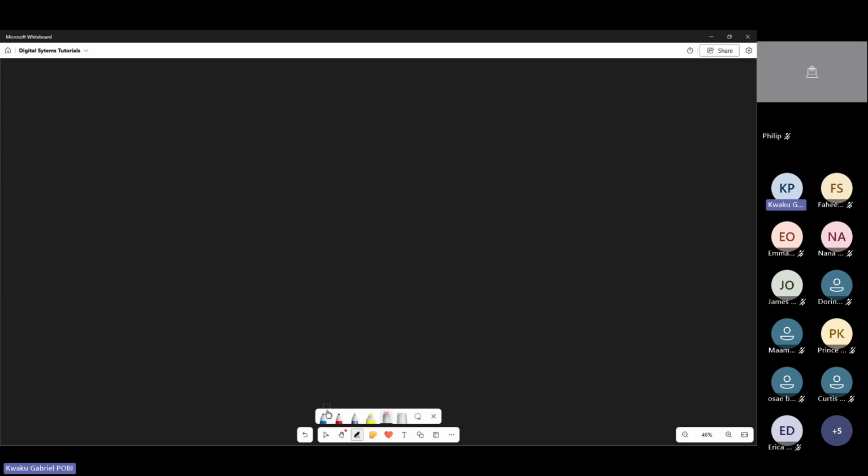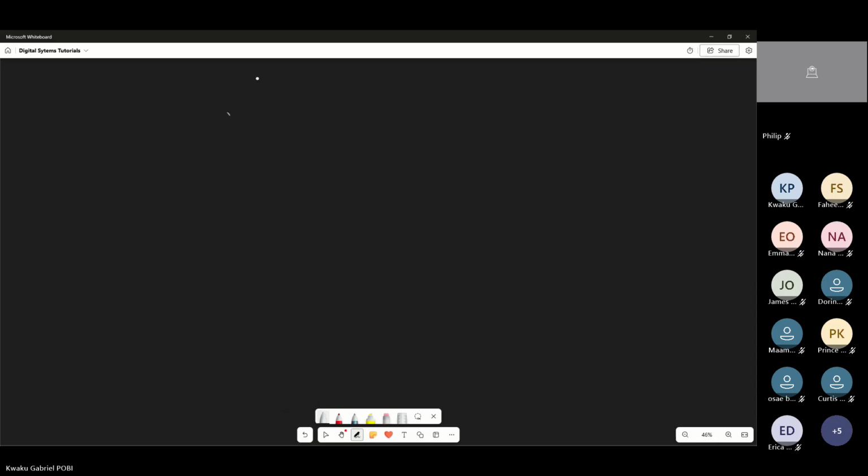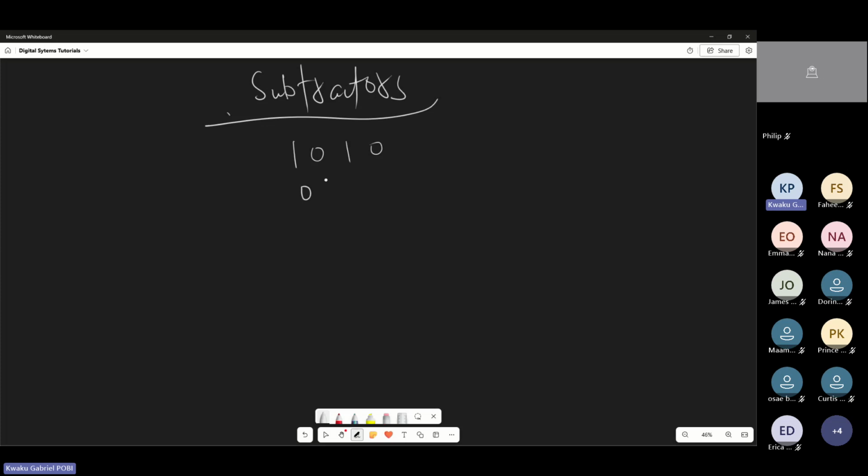Okay, so let's do subtractors. Now here too, just like you do decimal additions, or let me say decimal subtraction. Here, if you have 1 0 1 0, then you have 0 0 1 1 like this. And you are supposed to subtract.